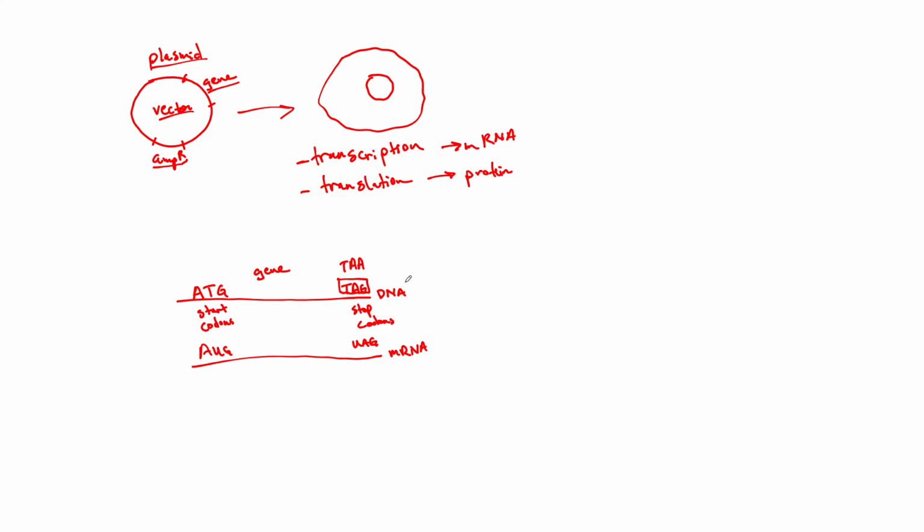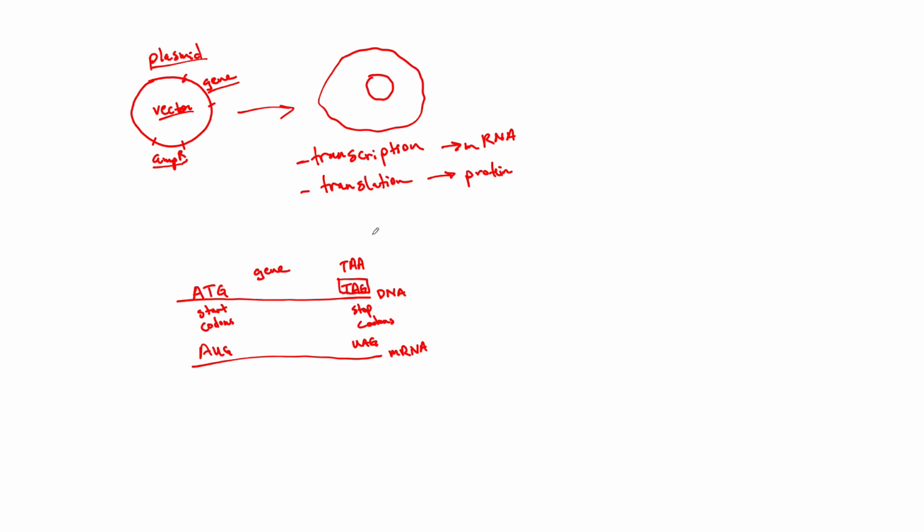But basically what happens is when the mRNA is read, the ribosome recognizes an AUG and starts translation, and then it reads through the mRNA and adds amino acids depending on what the codons are in this mRNA. And when it gets to the stop codon, the translation stops and the protein is released from the ribosome, and then it folds on its own and starts functioning as a protein.